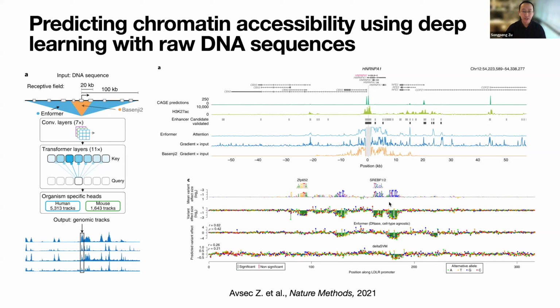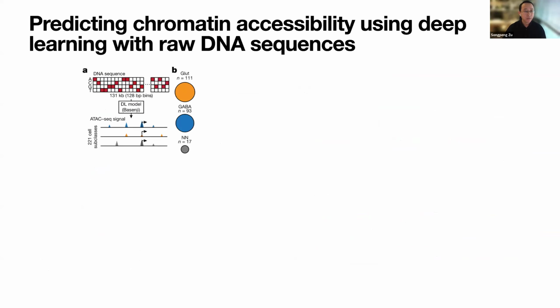Based on this interesting model, we wanted to see if we could use it on our data set. At that time, I think no such large-scale single cell data had been released, so deep learning models were mainly based on bulk level studies. Here we apply this to our single cell level study.